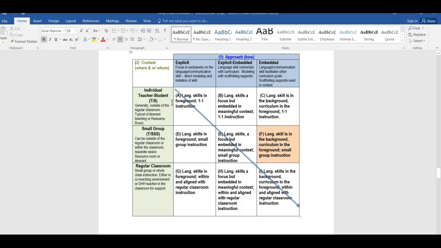The benchmarks, the steps toward the goal: maybe you start with very explicit instruction, then you might move to explicit but embedded in content for a class, maybe in science or social studies, connected with the curriculum. And then the third step maybe is fully embedded in the curriculum.